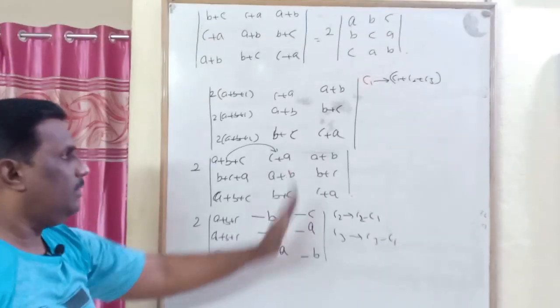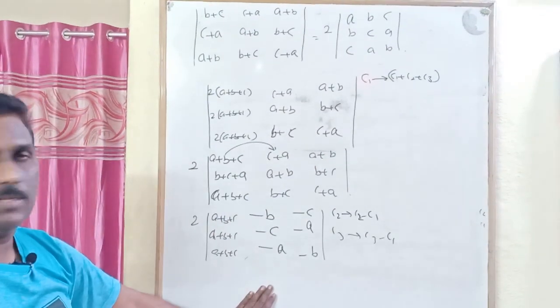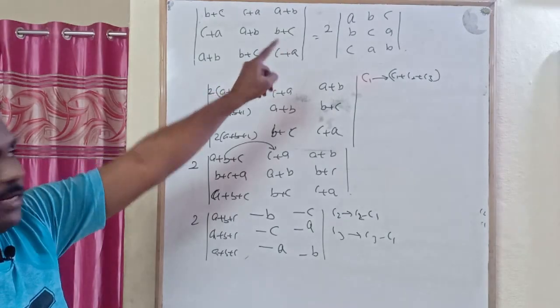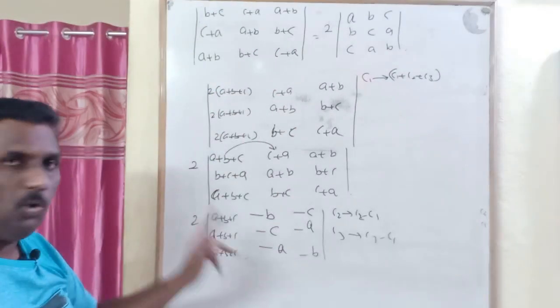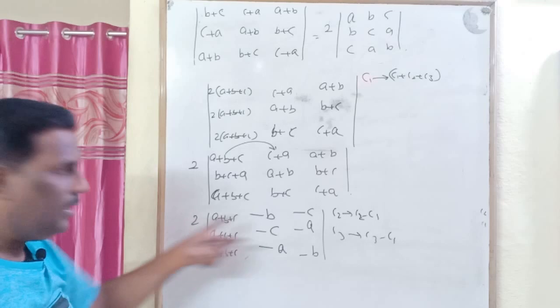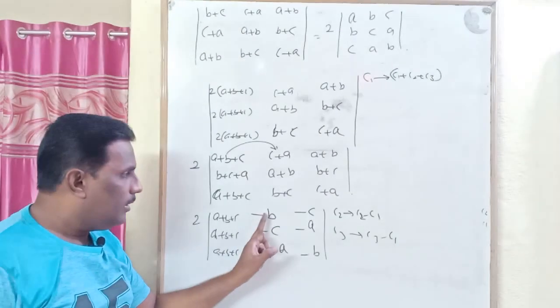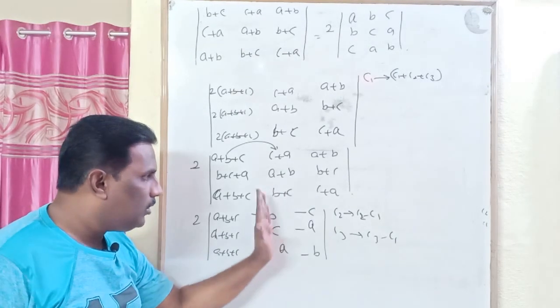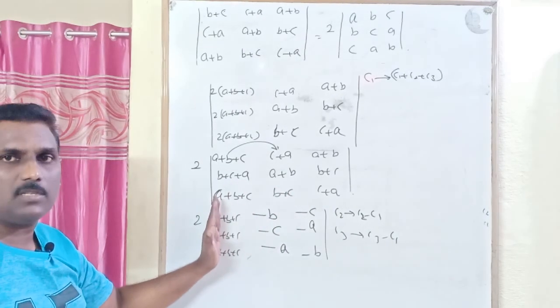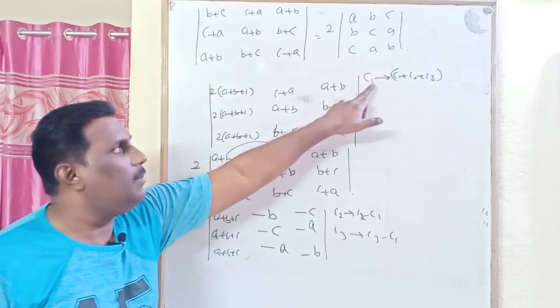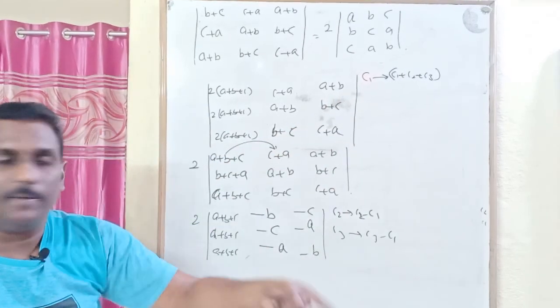So C2 minus C1, C3 minus C1, I got this, but I don't want minus there. Of course minus is available in the whole column, so I can take minus common. Before that, the minus b and minus c columns, I want to add to the first column again. The same operation I want to perform again.